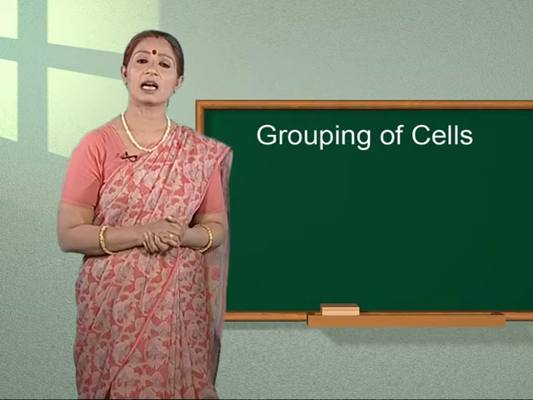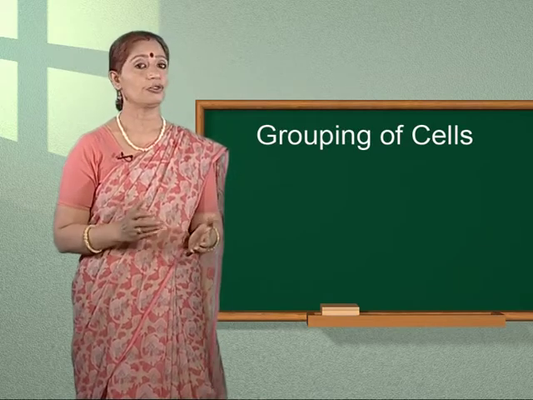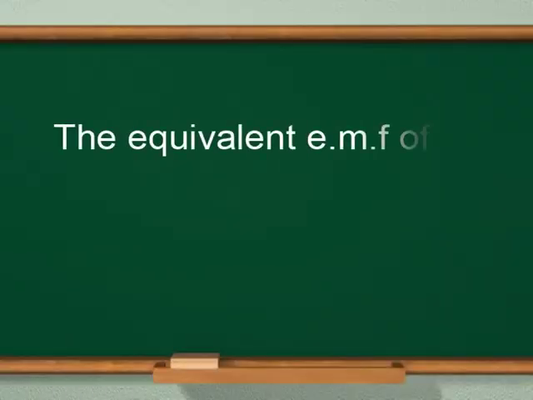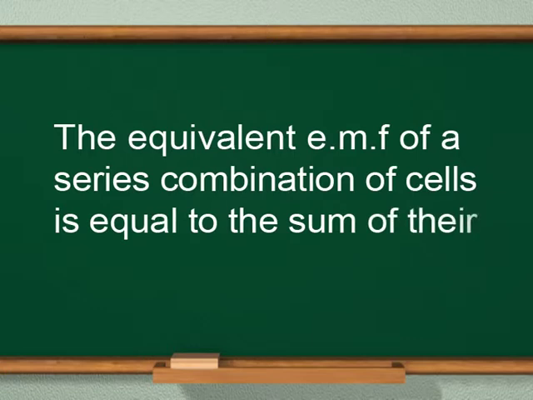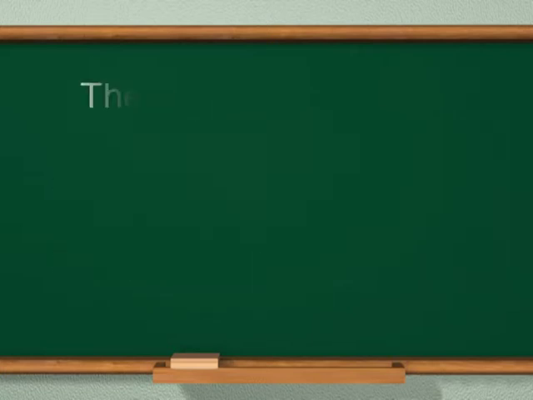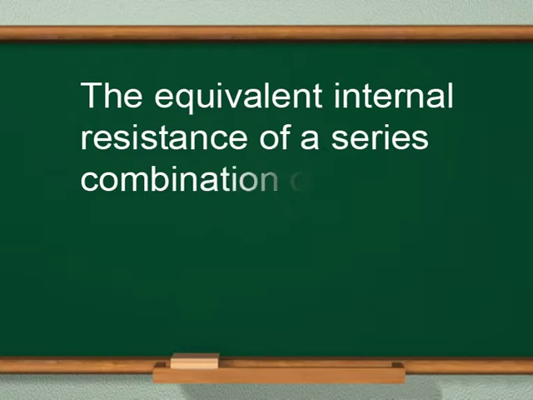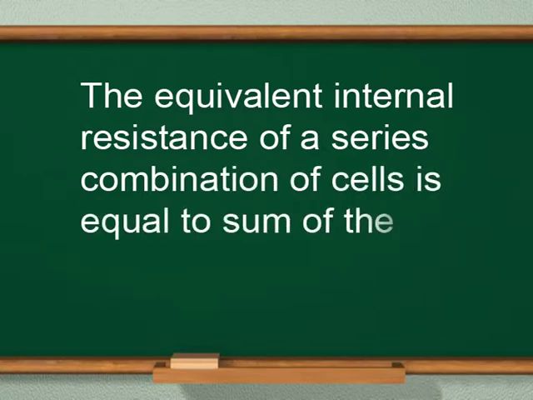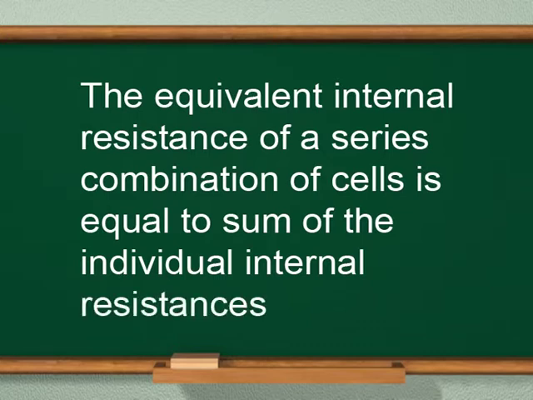When two cells are connected in a series combination, firstly, the equivalent EMF of a series combination of cells is equal to the sum of their individual EMFs. And secondly, the equivalent internal resistance of a series combination of cells is equal to the sum of the individual internal resistances.